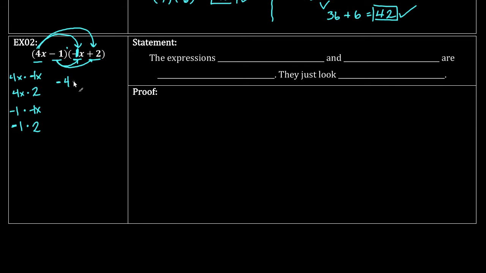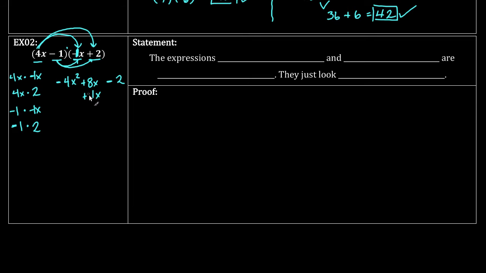X times x is x squared. Positive times a positive is a positive. 4 times 2 is 8x. A negative times a negative is a positive. 1 times 1 is 1x. And a negative times a positive is a negative. 1 times 2 is 2.